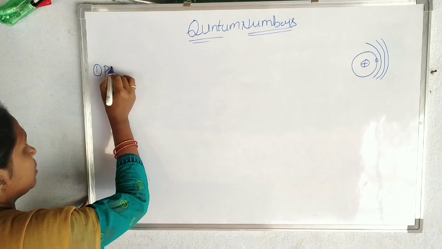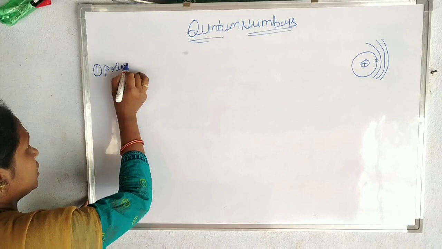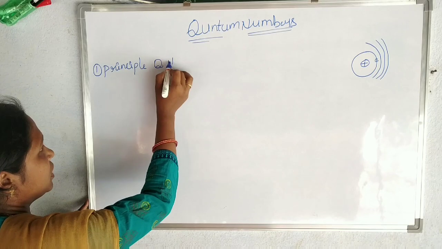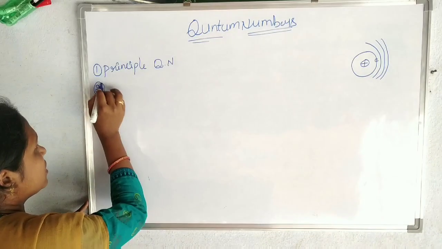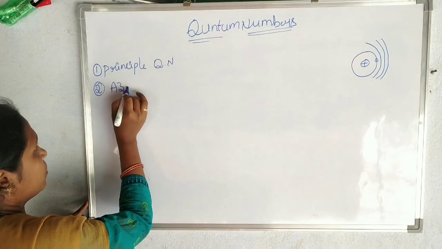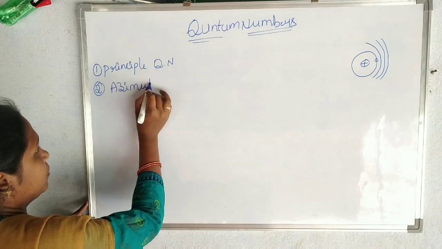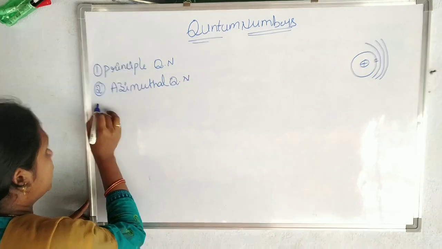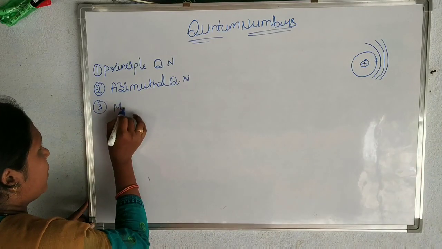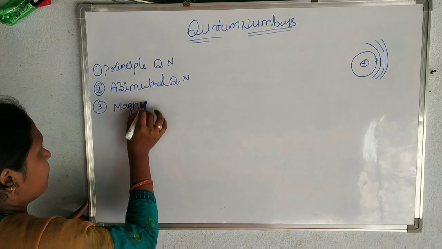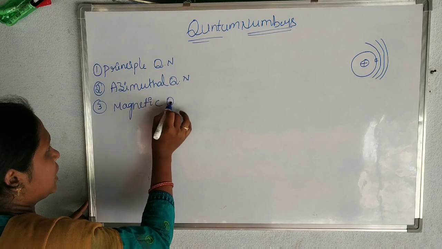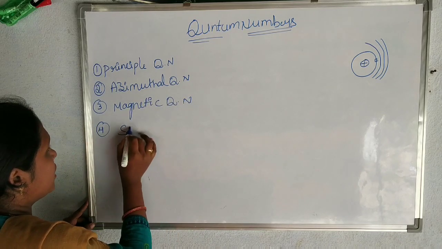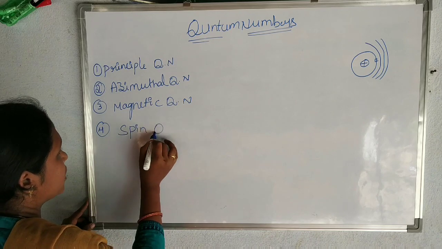One is the principal quantum number, second is the azimuthal quantum number, third is the magnetic quantum number, and fourth is the spin quantum number.